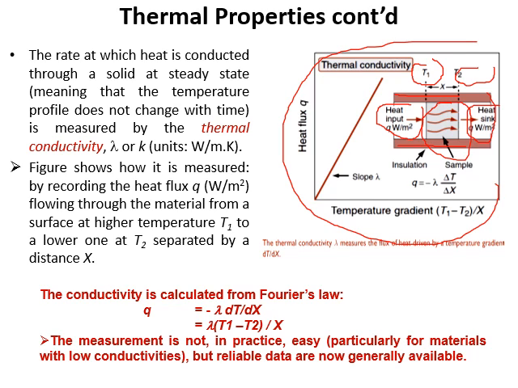Then you can measure the heat flux Q, which is equivalent to minus lambda times delta T divided by delta X, so that you can have a slope which is equivalent to lambda, which is also considered as the thermal conductivity.